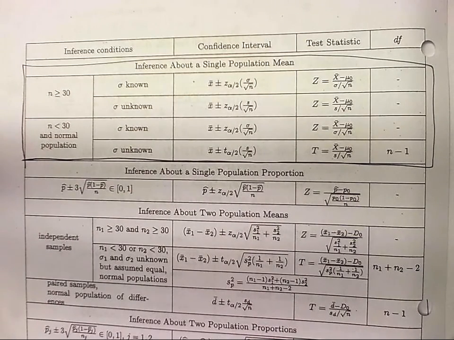We're doing inference about a single population mean. We have not looked at this column at all yet, this test statistic. That's what we're going to start looking at in Chapter 8. So this is like our Chapter 8 column, so you just pretend like it's not there.